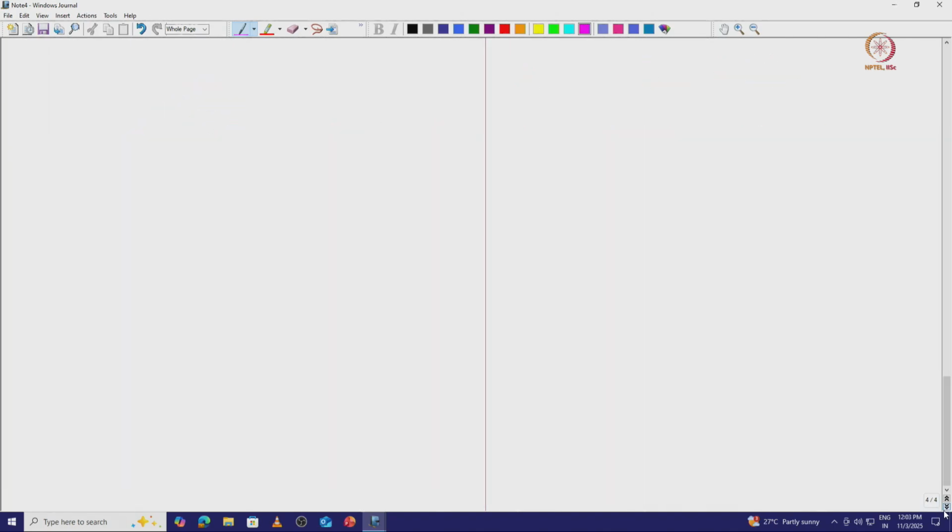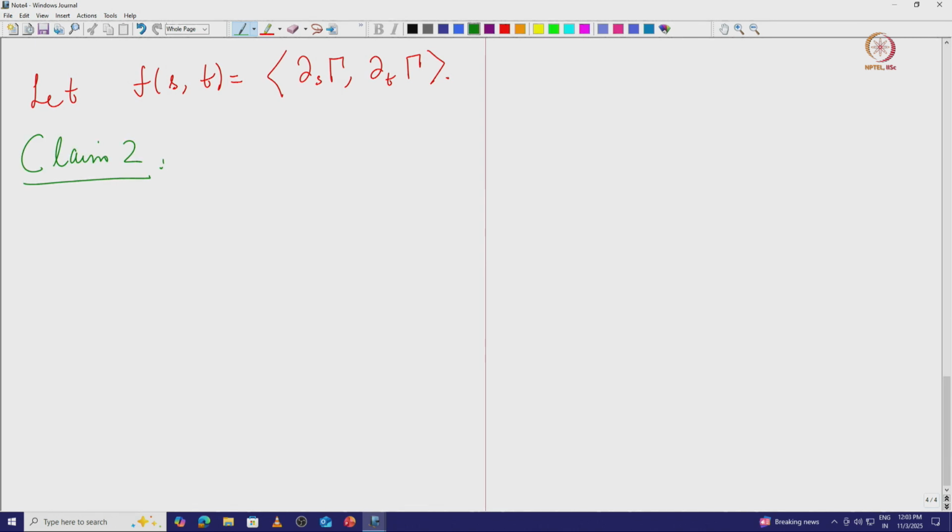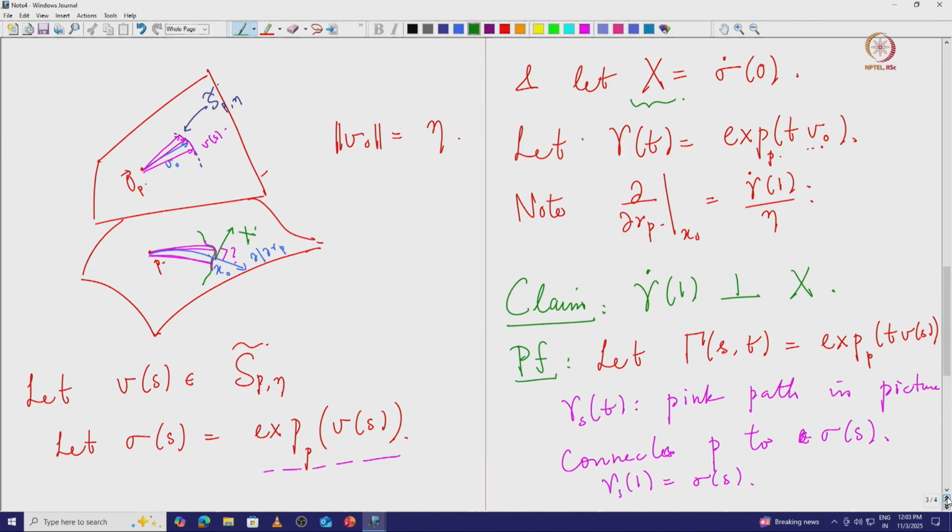All right. So let f of s comma t be the inner product of del s gamma with del t gamma. Okay. And my claim 2, so maybe I will call the previous claim as claim 1.